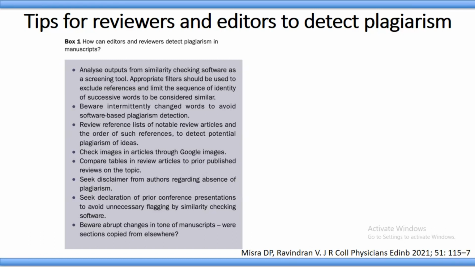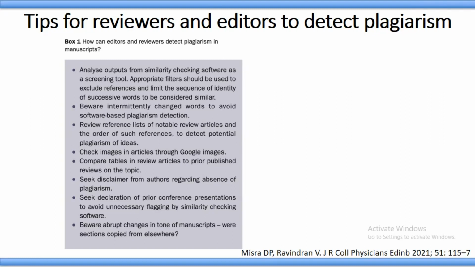Review articles, sometimes somebody may take the content from a review article and publish it in another review article without referring to the original review. But how can you identify that? If the order of references, let's say reference number 65 to 70, in this new article, the reference numbers are 21 to 26, the same exact 6 references, then it is likely that it was plagiarized, particularly if they have not referenced this original review.